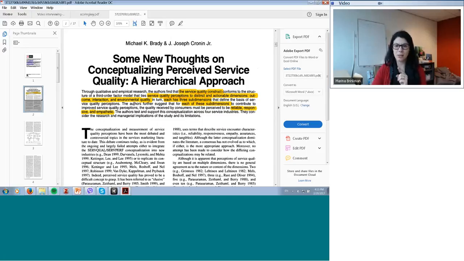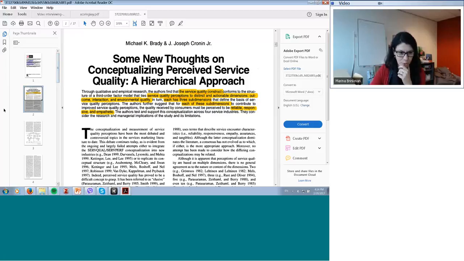Each of these dimensions of service quality has 3 subdimensions, and each of these subdimensions, furthermore, they claim here in this paper, when measured, have to be measured in terms of being reliable, responsive, and empathetic. So this is a bit more complicated than the fairness I just showed you, as the concept in itself is so complex.